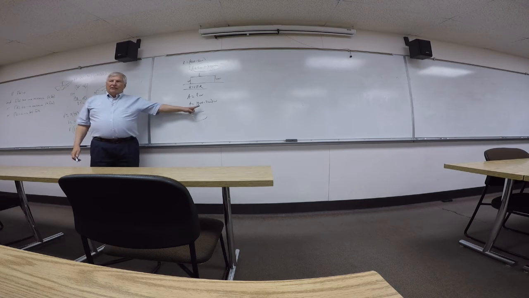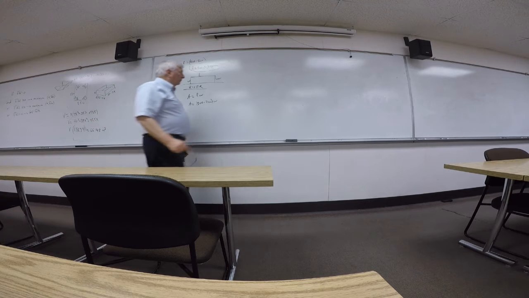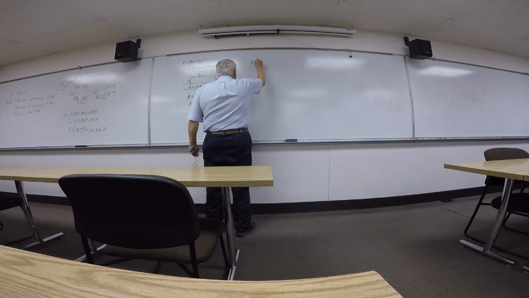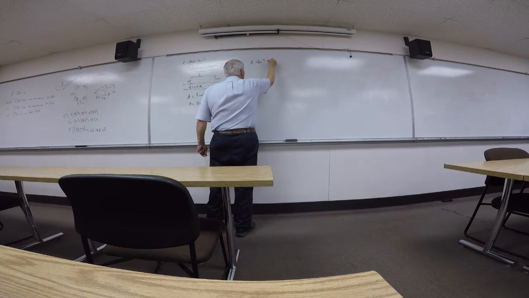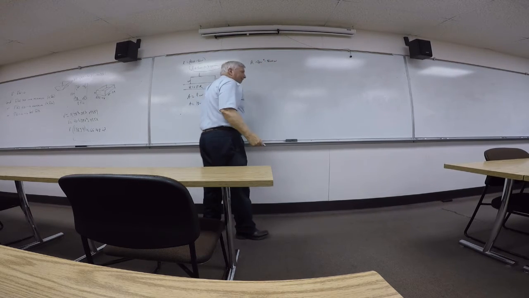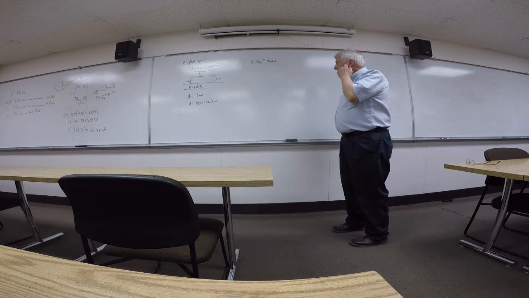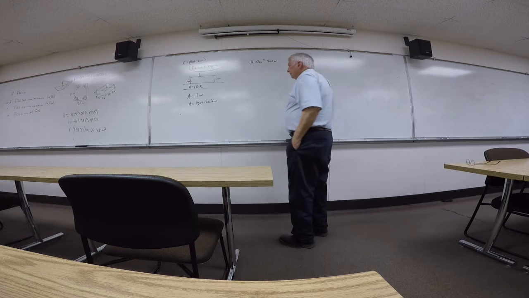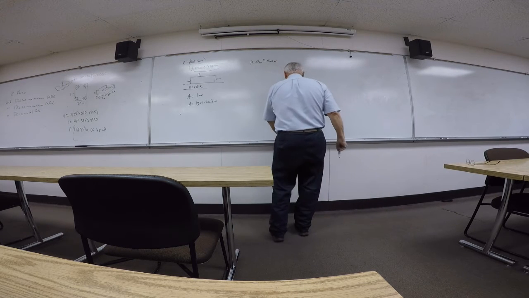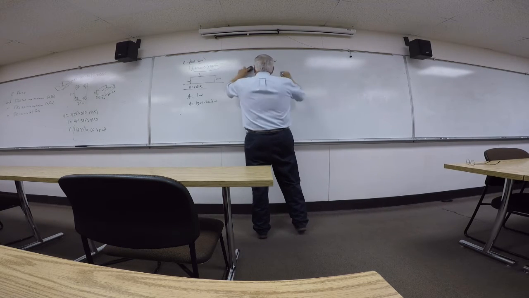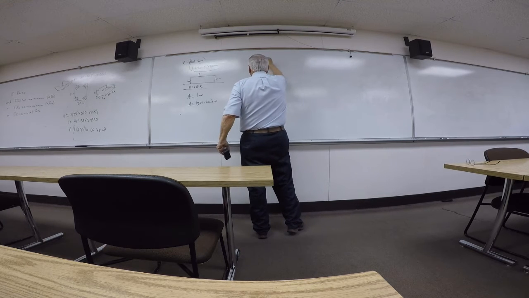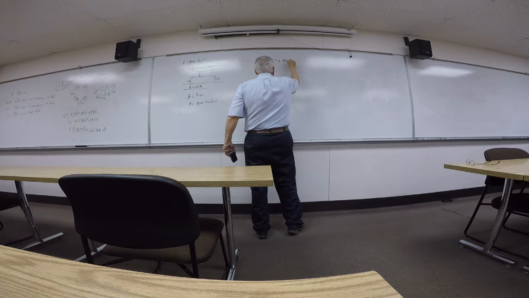And now this area is in terms of a single variable. Do the arithmetic. Area is equal to 2w squared minus 800w. That's not right. Area equals minus 2w squared plus 800w.